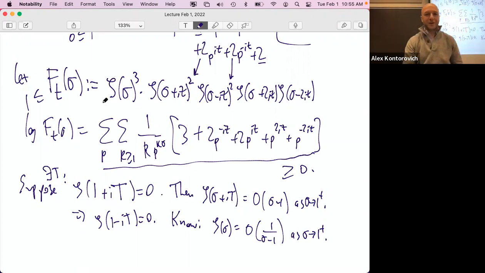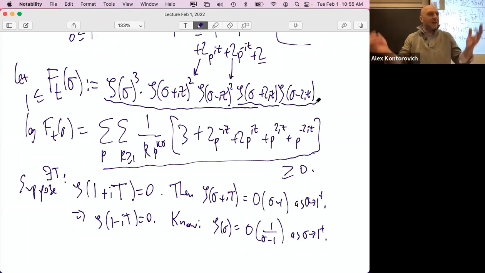And now we look at this function. The 2's, well, zeta is analytic. So as sigma goes to 1, it goes to whatever this value is. It might be 0, it might not. I don't care. This is bounded.